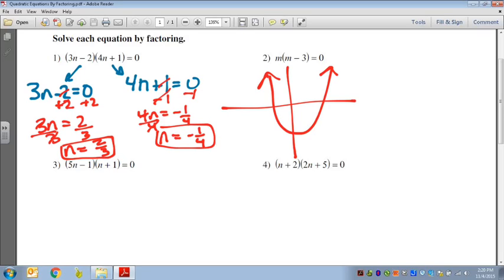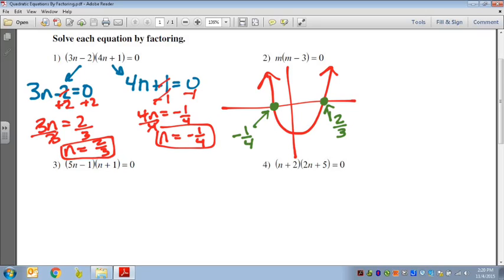But what we're saying is, when we graph this out, there's two different places it crosses the x-axis. Those two different places are right here at -1/4 and right here at 2/3. And so that's what we're finding when we set each piece equal to 0.